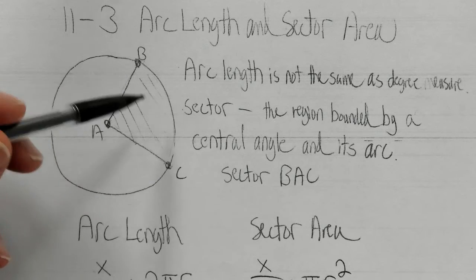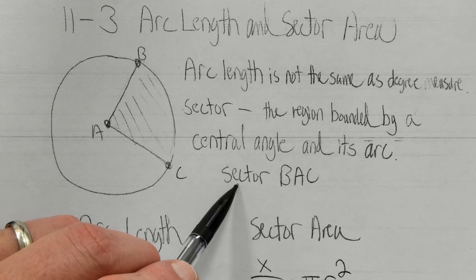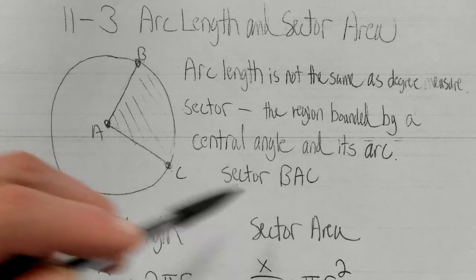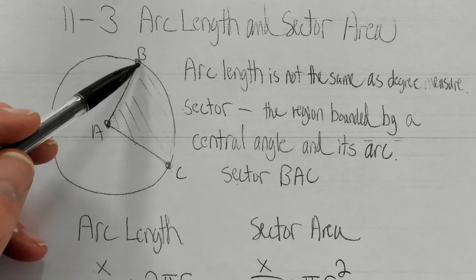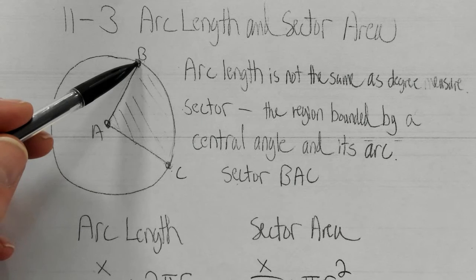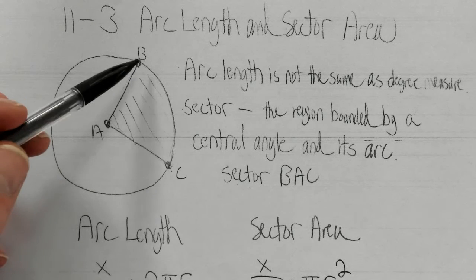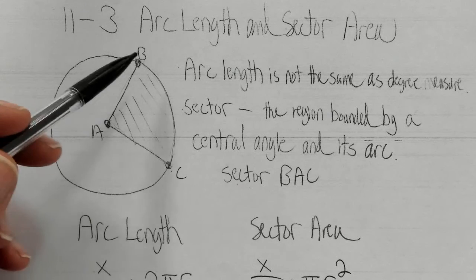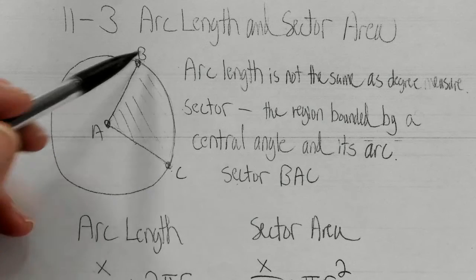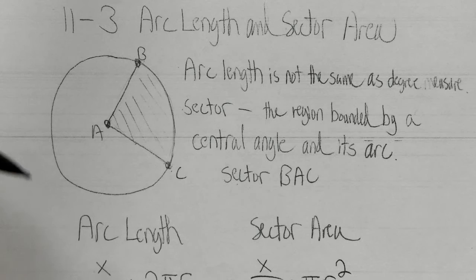And by the way, here's the notation, sector BAC is what you would call it. Okay, so the arc is this part of the circle. The sector is this region. So if you were thinking about it like a pizza, the arc would be the crust of the pizza, and then the sector would be the whole slice. All right, so that's one way that you can think about it.